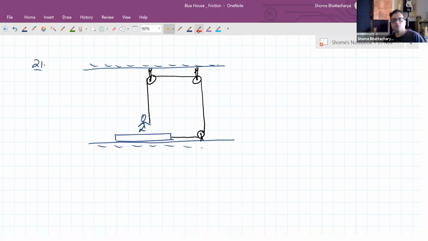If the man applies some downward force, that becomes the tension in the rope. This has a coefficient of friction mu. So first of all, whatever force the person applies becomes the tension in the rope.